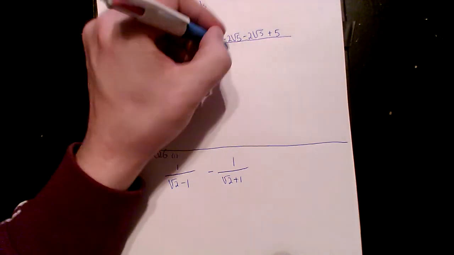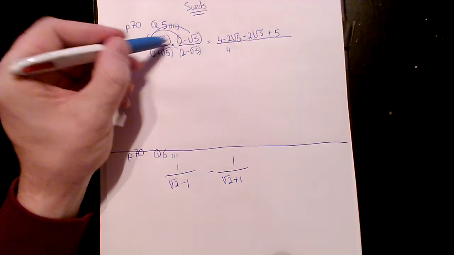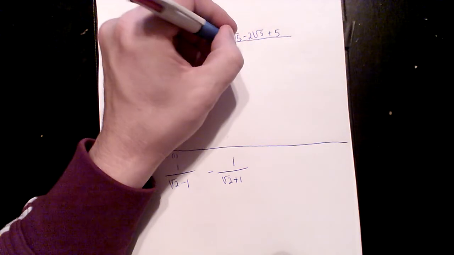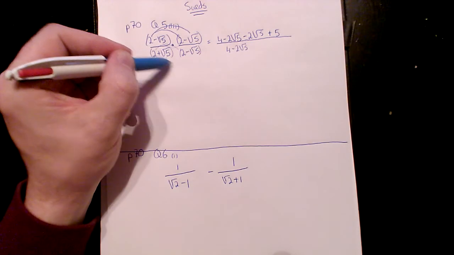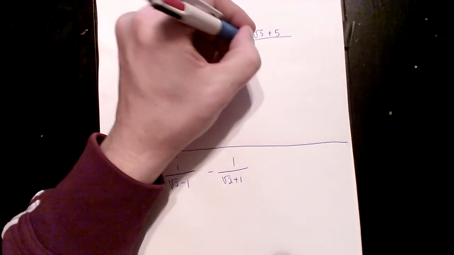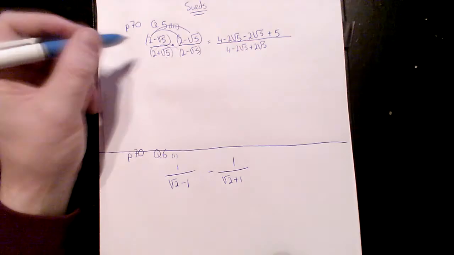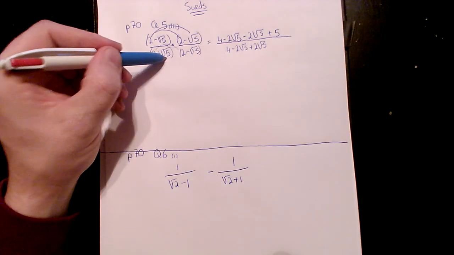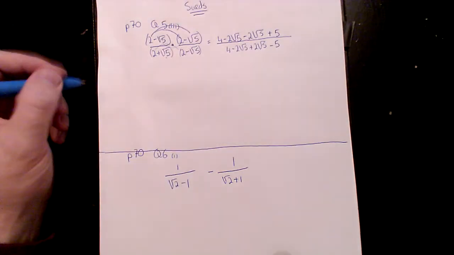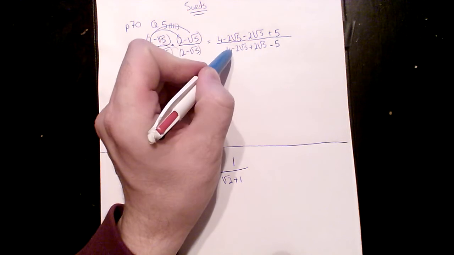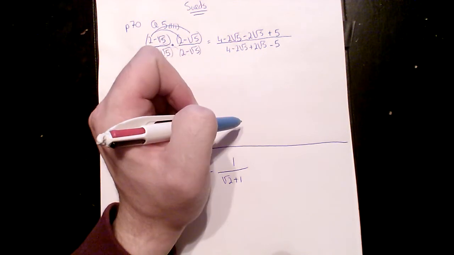So 2 by 2, 4. 2 by root 5, minus 2 root 5. Then plus root 5 by 2, which is plus 2 root 5. And then plus root 5 by minus root 5 is minus 5.